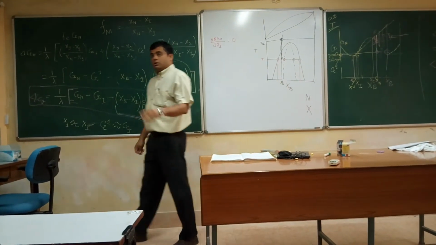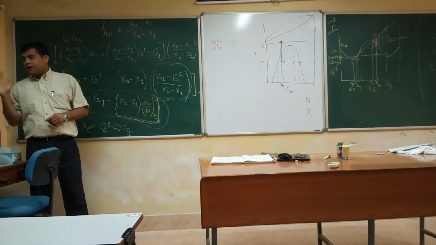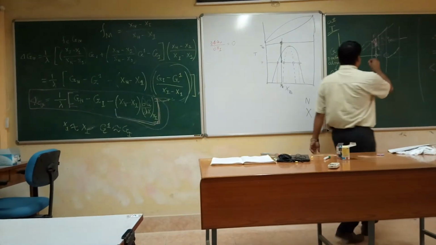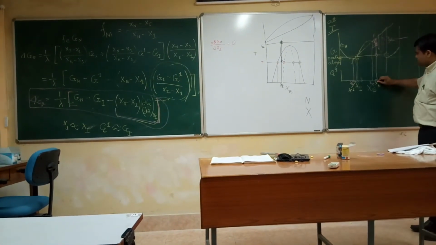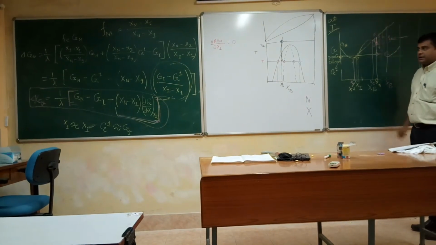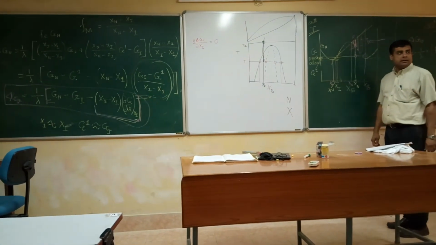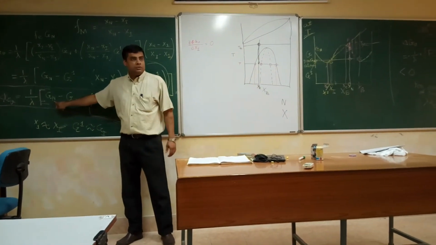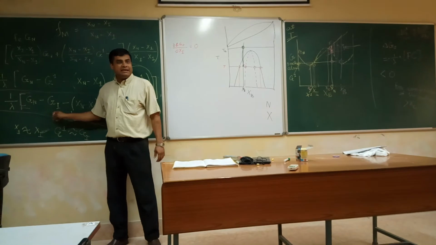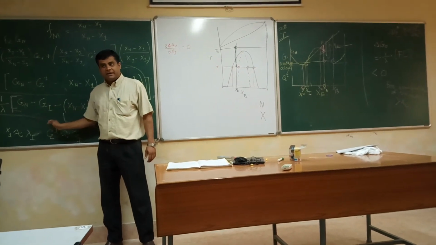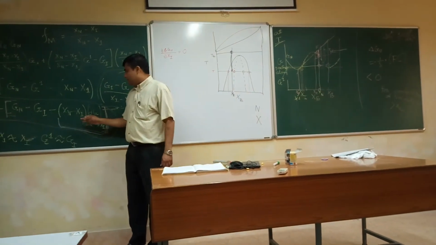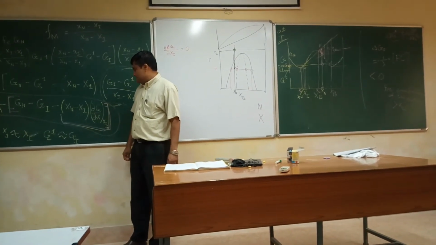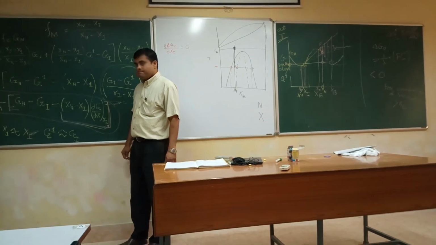Your hint is, because your embryo composition is constant, Xn is constant, Gn is constant. So the first term will be 0, minus del G del X at composition Xi, minus the term in the spinodal expression.